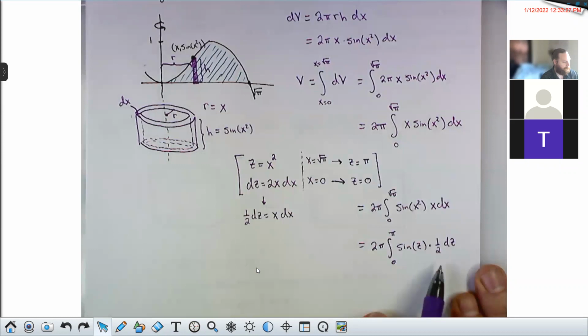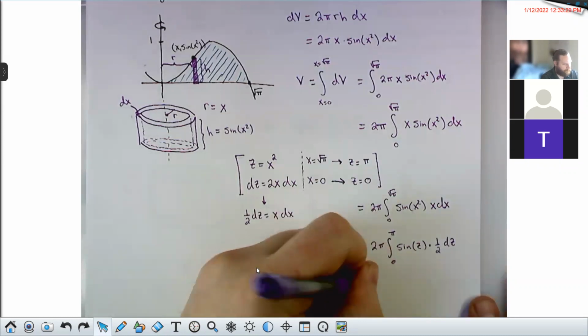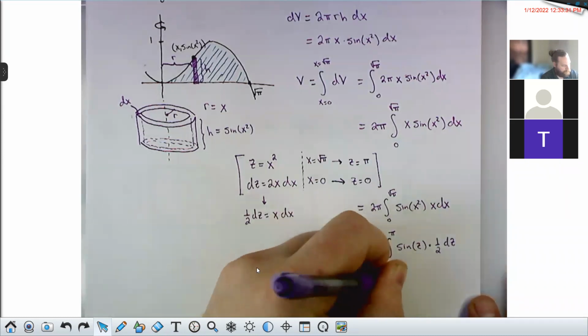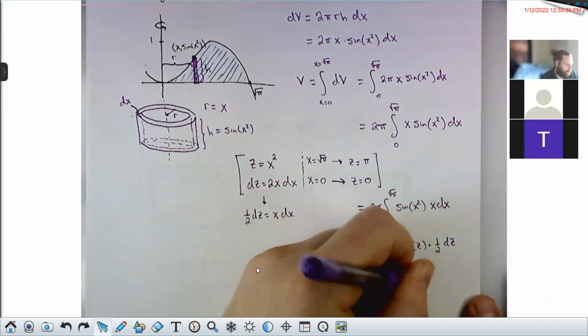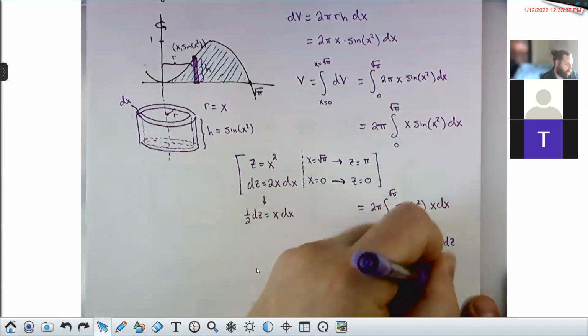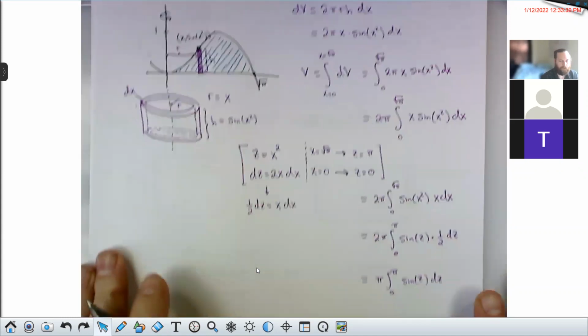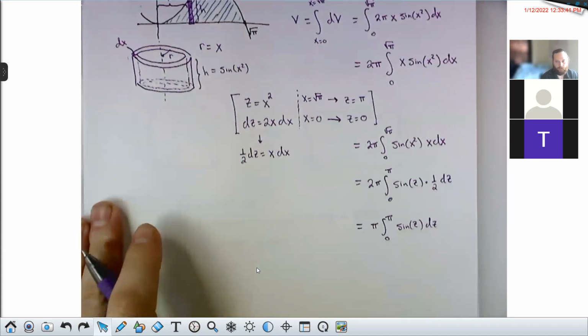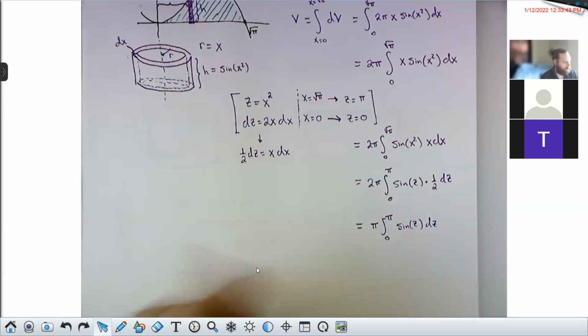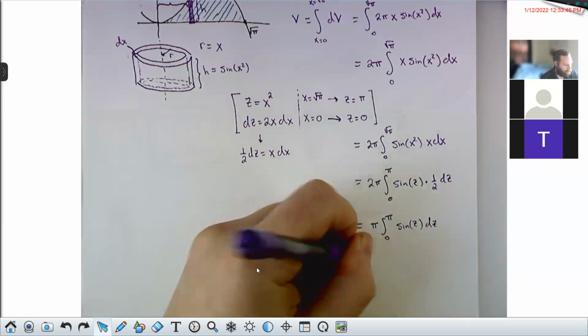Now this 1/2 will pop out and cancel the 2 up front. So I have pi integral 0 to pi sine of z dz, and this you could do back in Calc 1. What is an antiderivative for the sine of z?